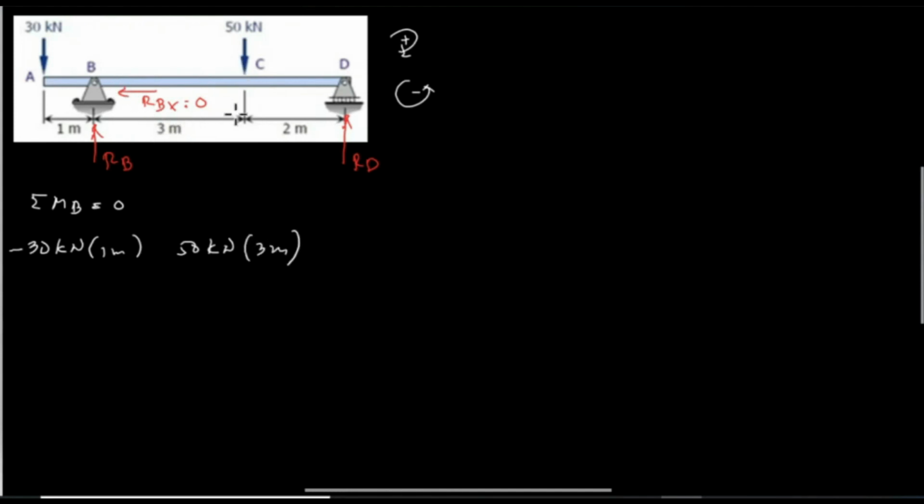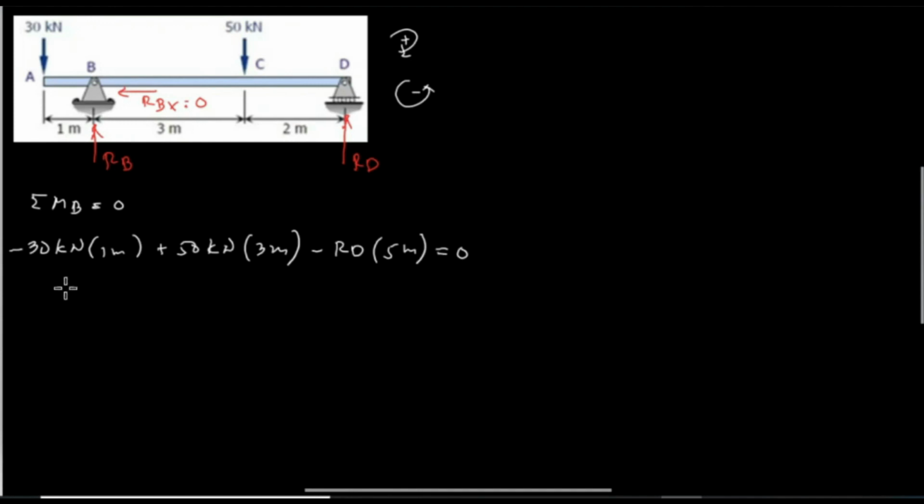And the direction from C to B is clockwise, and therefore the sign is positive. And the last point, which is D, and we have a reaction RD, and the distance from D to B is 5 meters. And the direction is counterclockwise, which is negative, and equate to 0.